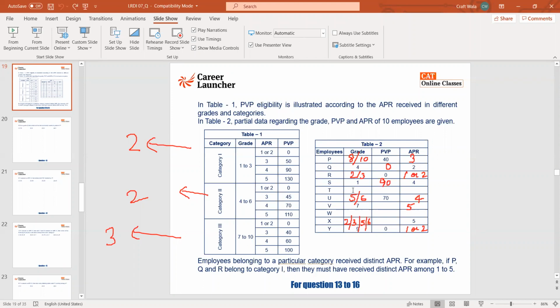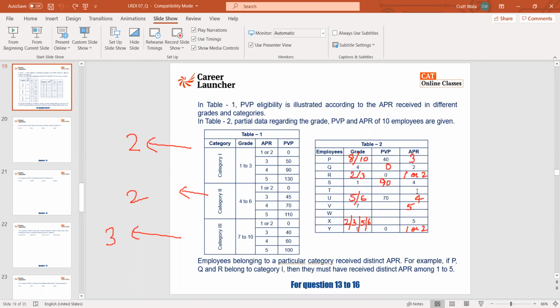If I give him 2 here, grade 2, his APR can be 1 or 2 possible, but 3 is possible, 4 is already done, 5, if I give him a 5, yes, possible, 6 possible, 7 is already done, 8, if I give him grade 8, then yes, possible.